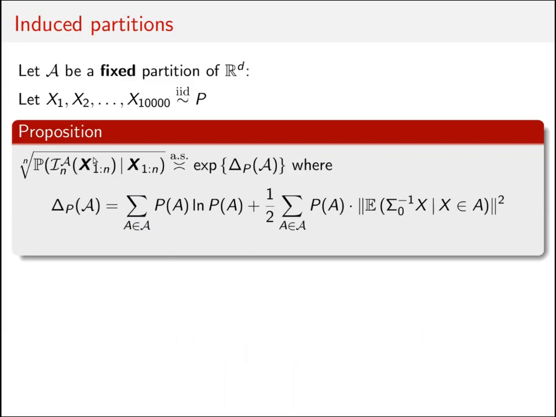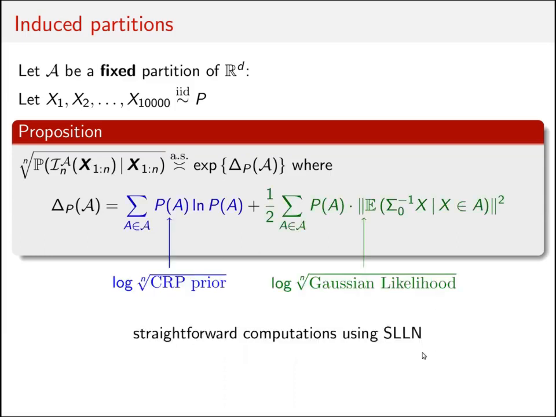If I take induced partitions on an increasing sample, take the nth root of that, I can get a limit, and those are straightforward computations using the strong law of large numbers. This blue bit, this entropy-looking bit, comes from the CRP weights, this prior, and this expected square is coming from the likelihood, the Gaussian likelihood.